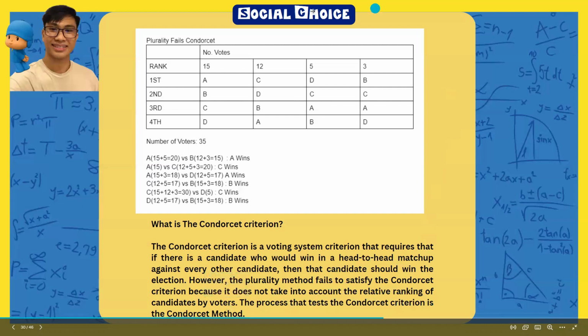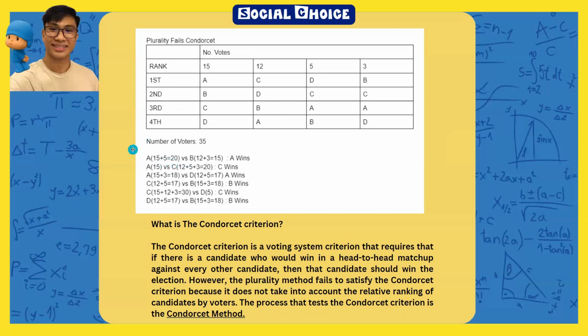So, actually, yung ginawa natin kanina, yung pag-head-to-head challenge, yung process na yan is actually our next voting method, which is the Condorcet method. So yung ginawa natin dito, yung pag-head-to-head challenge ng every possible combination para makita kung sino yung manalo, yan yung paggagamit ng Condorcet method. So makikita natin dito na walang clear winner.